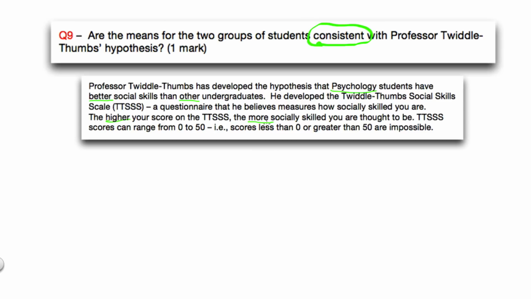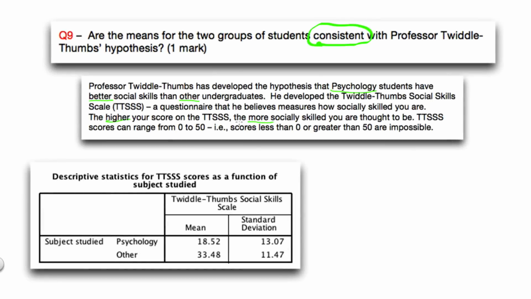The mean for the psychology group should be higher than the mean for the other group if the means were consistent with the hypothesis. Here are the means. You produced these earlier for one of the earlier questions. Okay, the means in question are here. Psychology, just over 18.5.